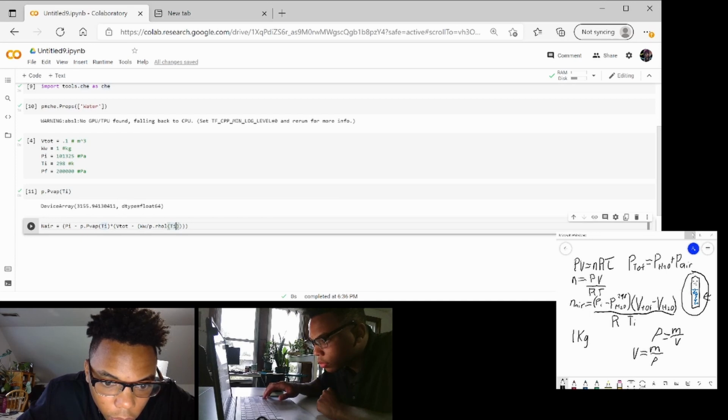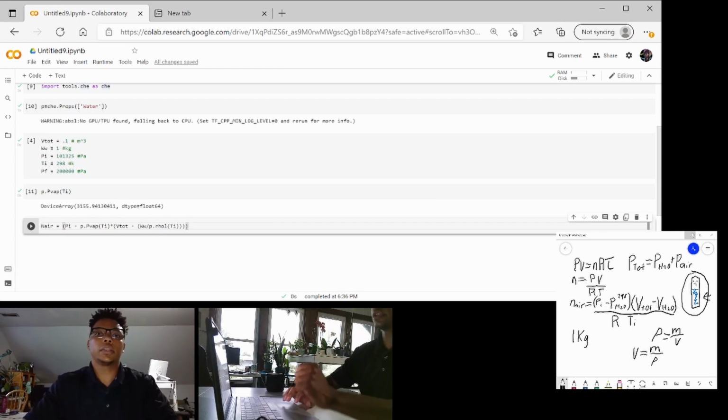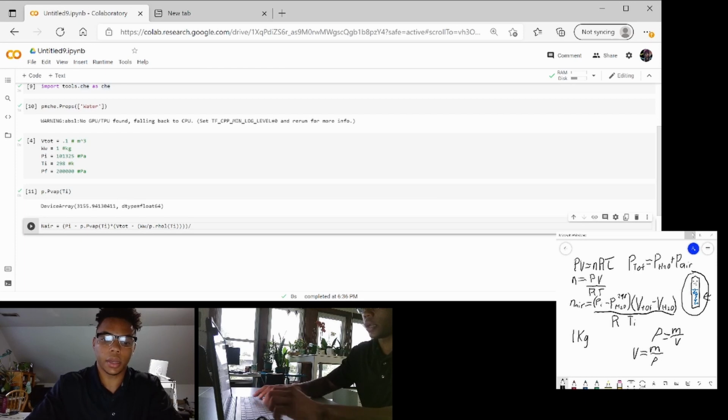So, back out. That one goes to that one. That one goes to that one. And that one goes to that one. So that's our top of the equation. And all of that is going to be divided by R times our initial temperature.